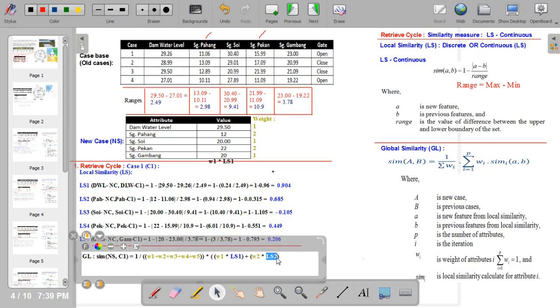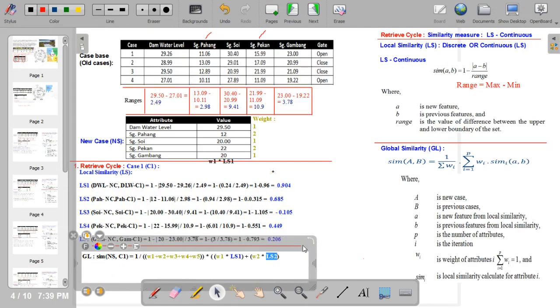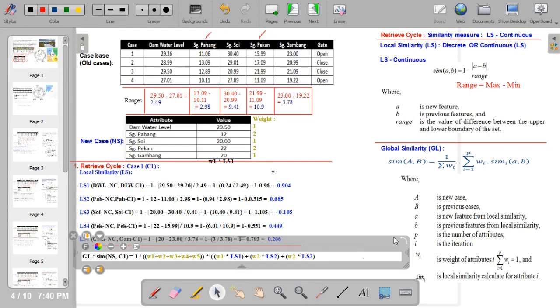LS2 is the one that is highlighted in the blue color. Then plus the weight for attribute 3 multiplying by the LS for the third attribute.